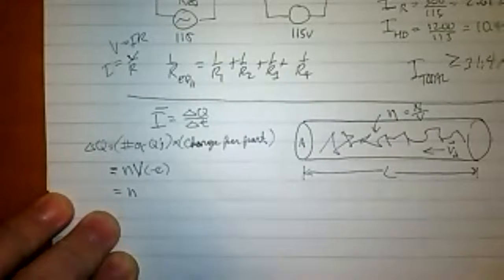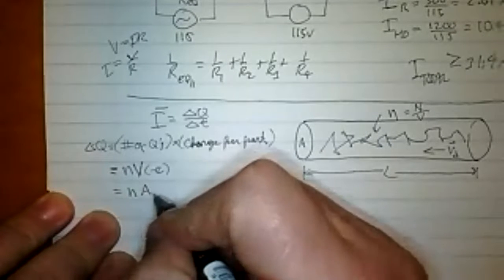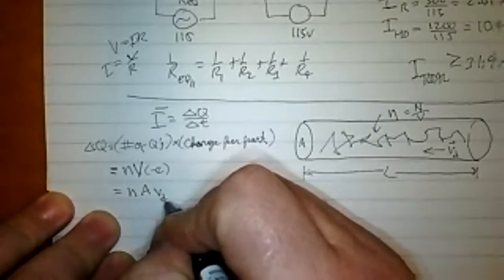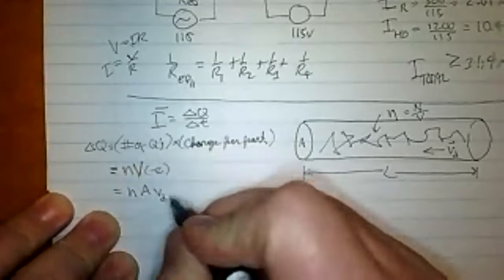Okay. So the volume can be written as A times V sub D, which is a vector quantity and can be treated as a vector quantity.